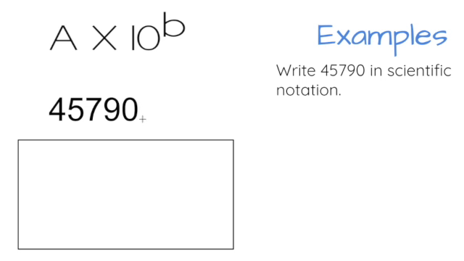So we're going to bounce our imaginary decimal, which is behind the 0. And we're going to bounce it 1, 2, 3, 4, until that's the only one in front of the decimal. So it becomes 4.579 times 10, and we moved it 1, 2, 3, 4 times. And it's going to be positive because we moved it to the left.